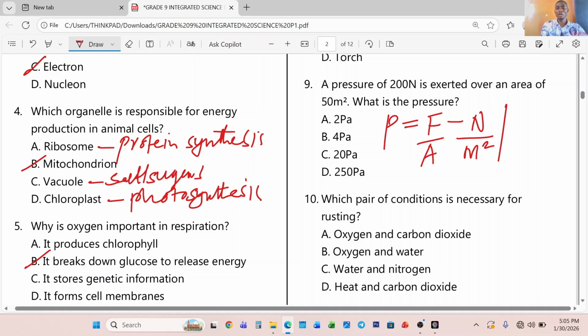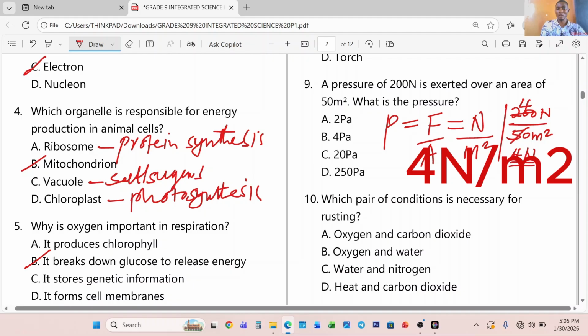So we have our force as 200 newtons over 50 square meters. So working out this, it gives us 4.